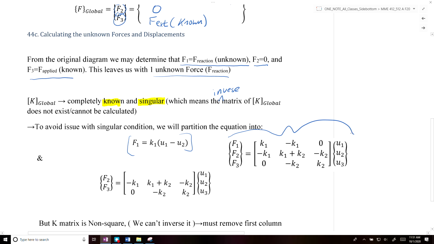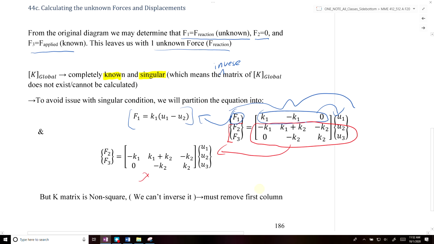We can eliminate the first row of this matrix by multiplying it out here, which will become this matrix, and then the bottom two rows of the matrix will isolate out, and we can write them down here. So now we're left with this matrix here.